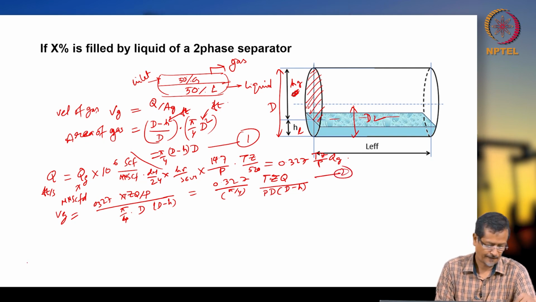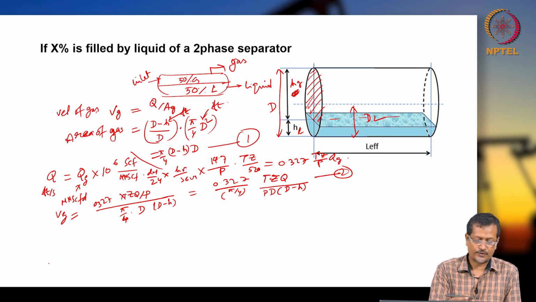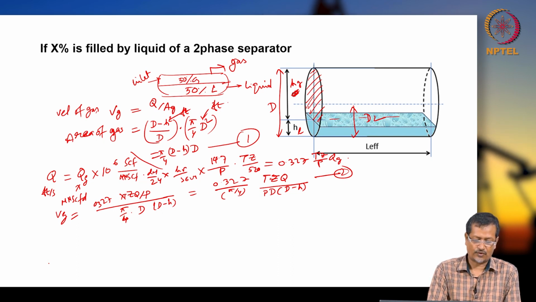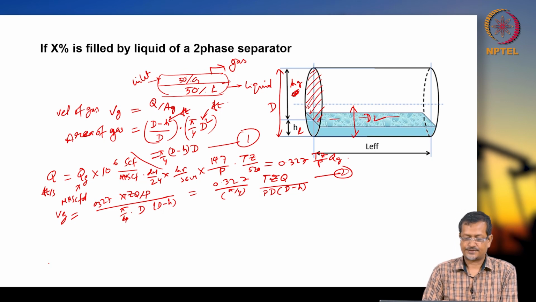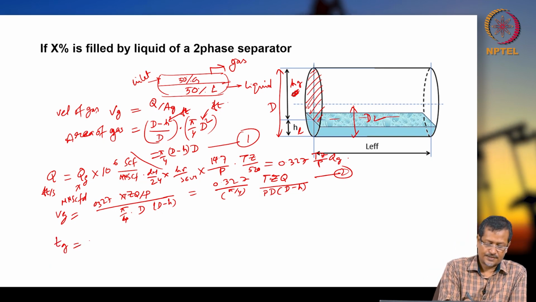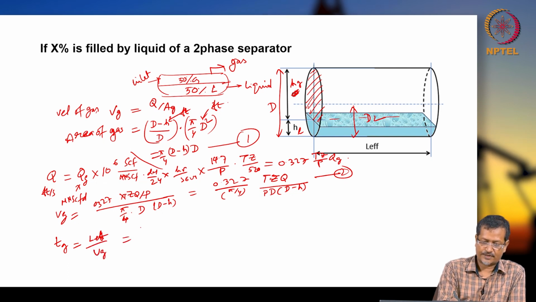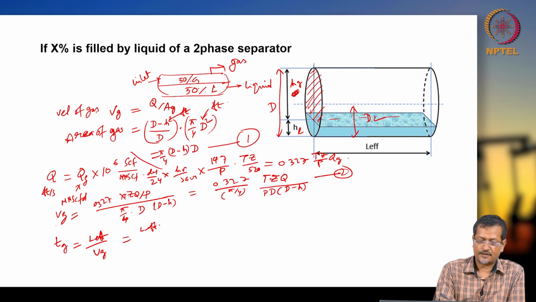Now the residence time of the gas, Tg, has to be equal to the time required for the droplet to fall to the gas-liquid interface, Td. So Tg equals effective length divided by Vg. Effective length L, and Vg we have already seen here.